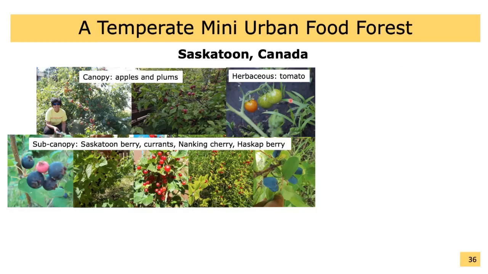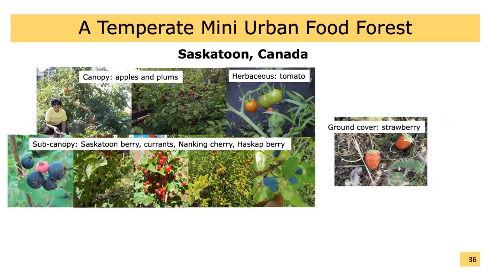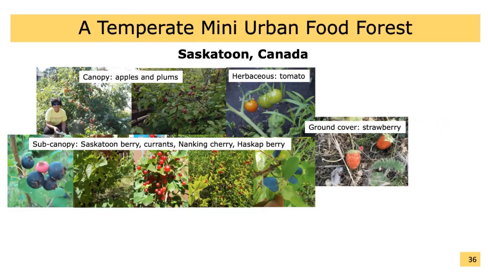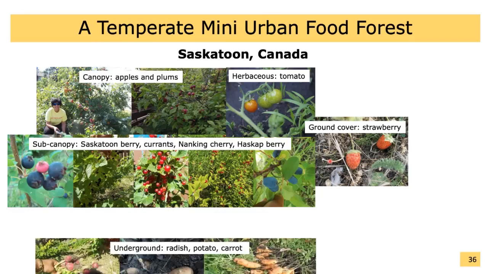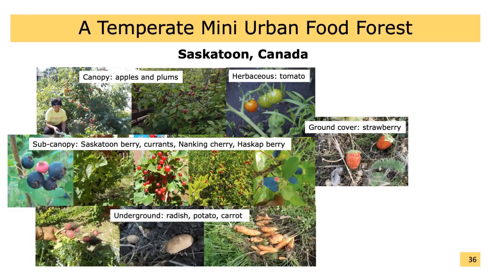Herbaceous layers, I had tomatoes and some vegetables. The ground layer, I had strawberries, mints, and some vegetables. My underground layer, I had radish, potato, and carrots in my mini urban food forest.